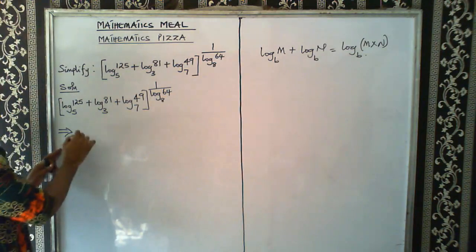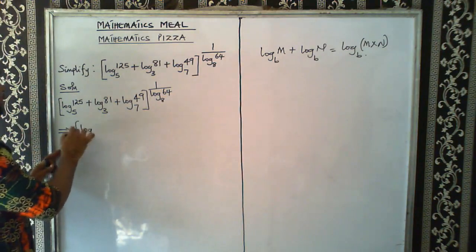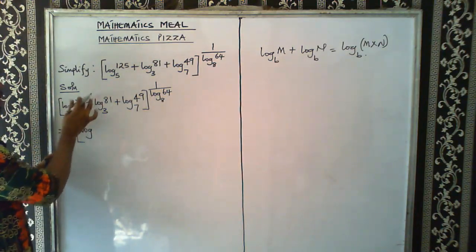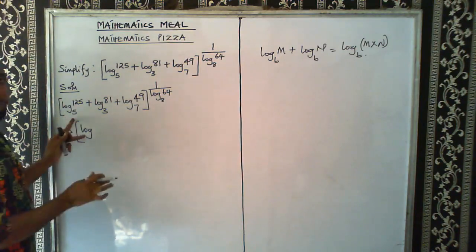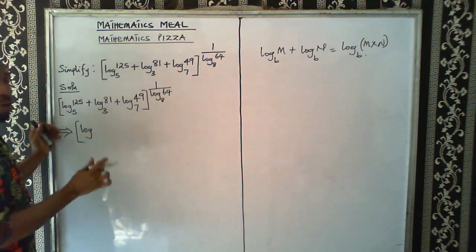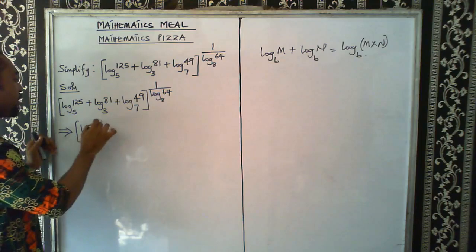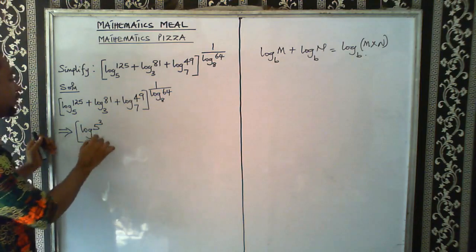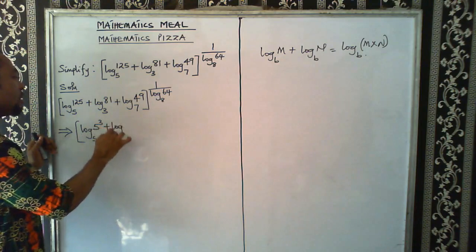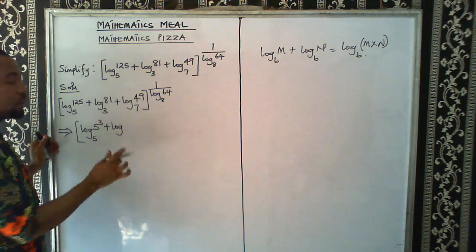Let's continue here. We can say that this implies, now 125 can be written in powers of 5 because 5 is the ancestor of 125. So I can write this as 5 raised to power 3 in base 5 plus log 81, which can be written in powers of 3.